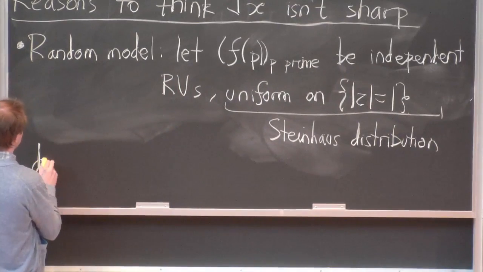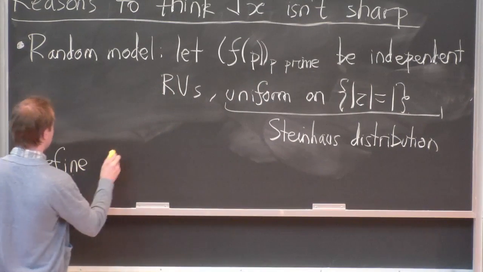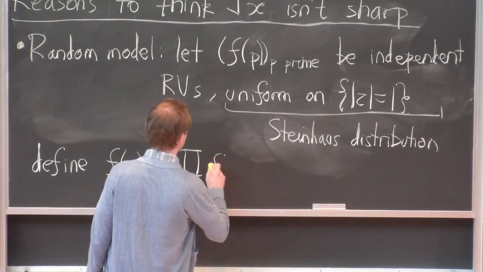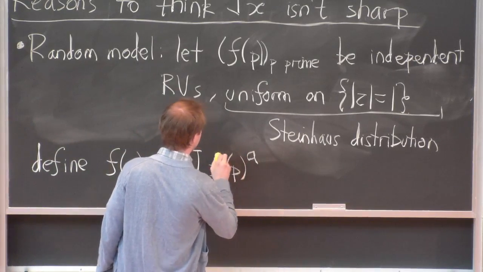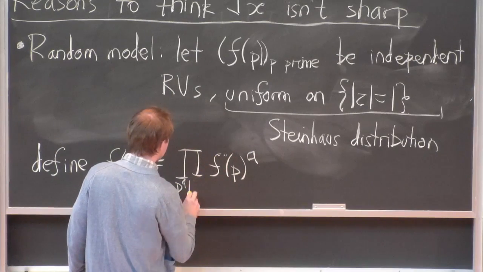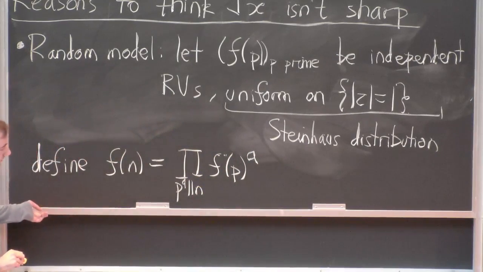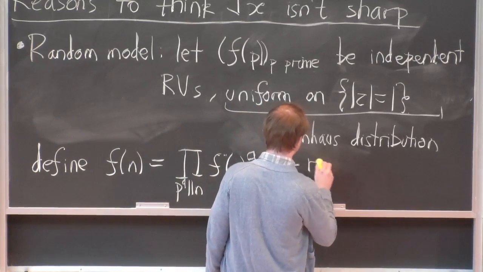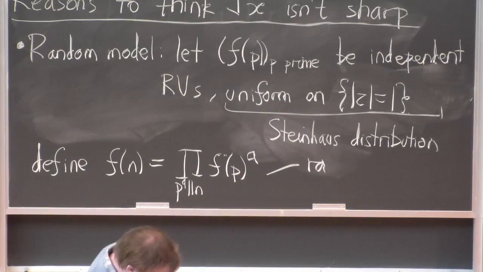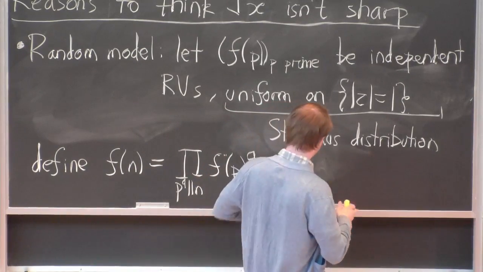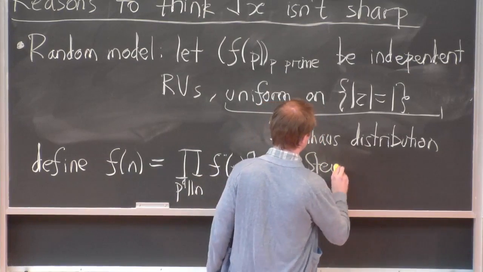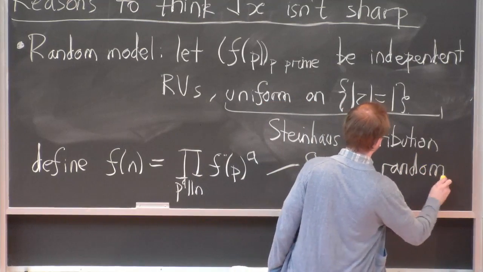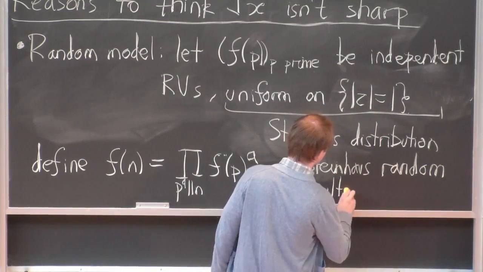Right, so now I'm going to define f of n to be the product of f of p to the power a, where p to the a is the highest power of p that divides n. Okay, and this is something that people study, and this is called a Steinhaus random multiplicative function.